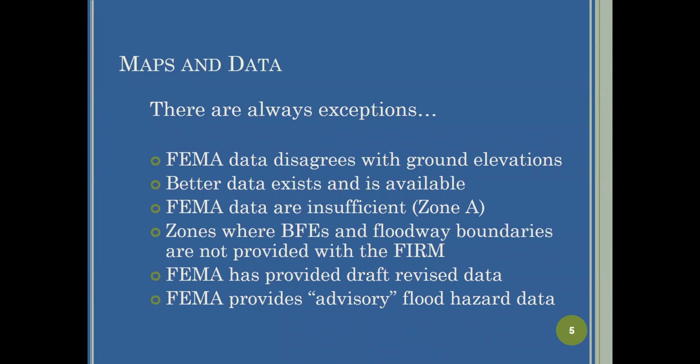That's where you've got to do some different management. If you don't have BFEs provided or the data is insufficient, you need to take the next step and say, okay, the map doesn't give me everything I need. Now what do I need to look at?